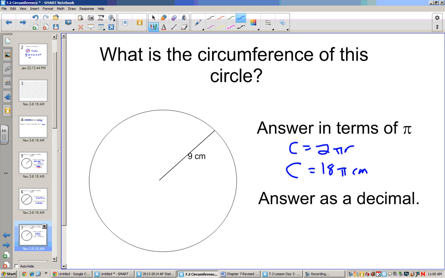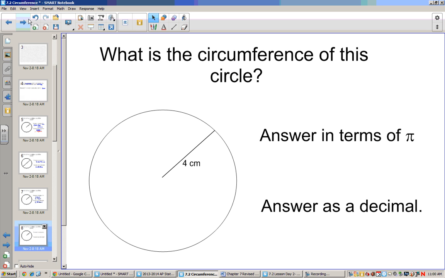Now if I take 18 times pi, or 18 times 3.14, I'll get 56.52 or 56.54, or 56.55, I guess, because it's 56.548. So anything around there is acceptable.